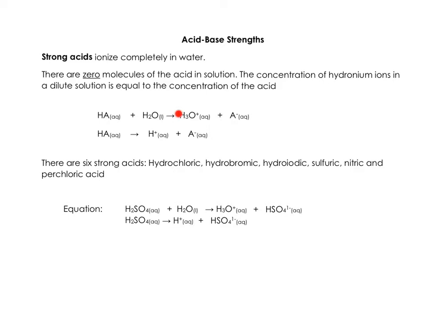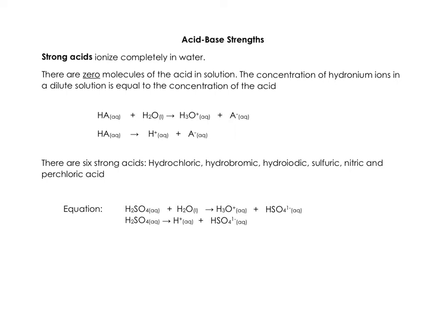Strong acids have a single arrow because this reaction goes to completion. So some acid plus water makes the hydronium ion and then the conjugate base, the anion from the acid.